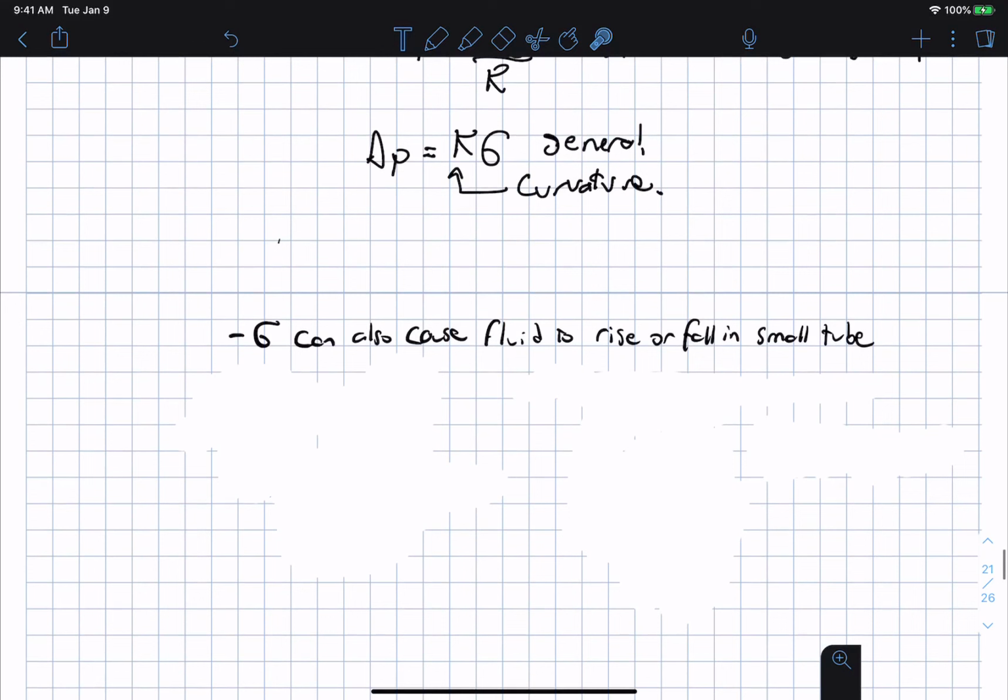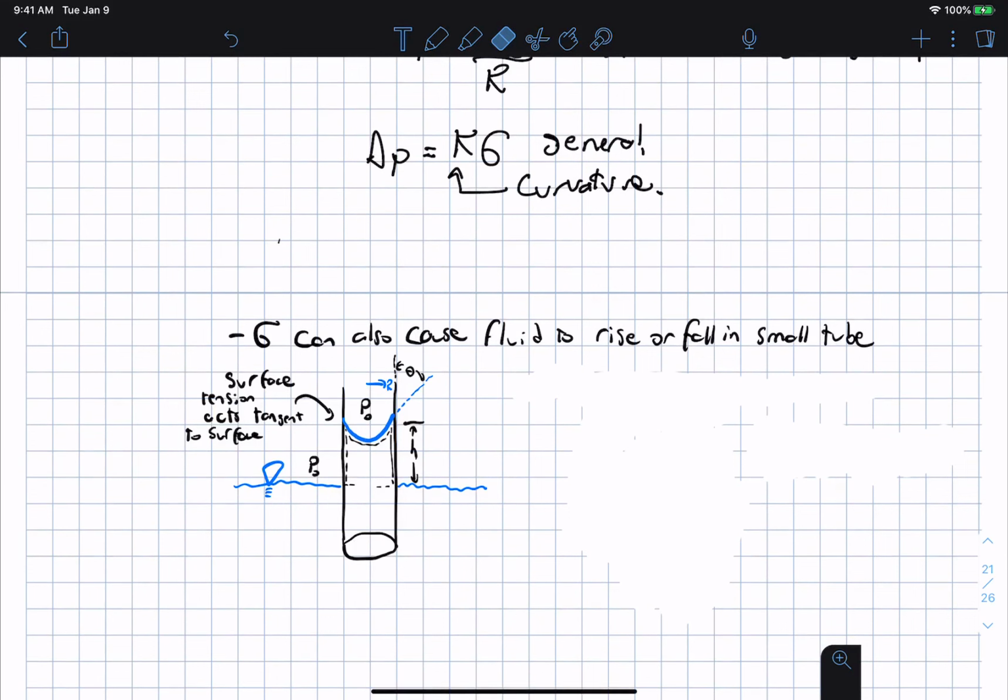Okay, and so if we consider some water here in a very small tube, surface tension will often cause that water to rise up.